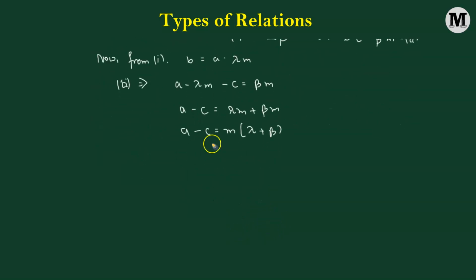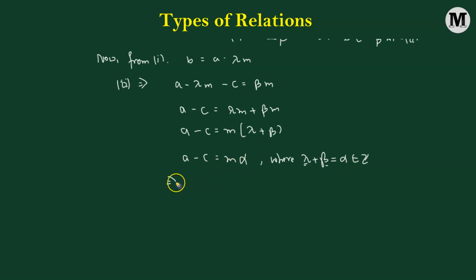Let's replace lambda plus beta with alpha, where we have considered lambda plus beta to be equal to alpha belonging to the set of integers, because we have already considered lambda and beta to be integers, and their sum is also going to be an integer, which we are denoting with alpha. Fine. So A minus C equals M times alpha.